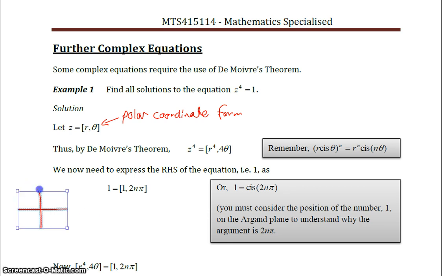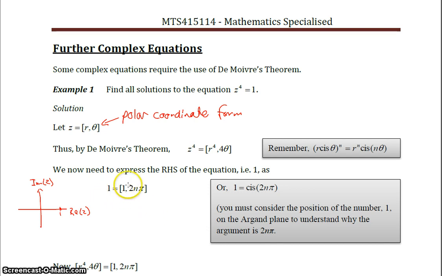So this is our imaginary axis, this is our real axis, and the number 1 is going to sit here on our real axis, because there's no imaginary part.